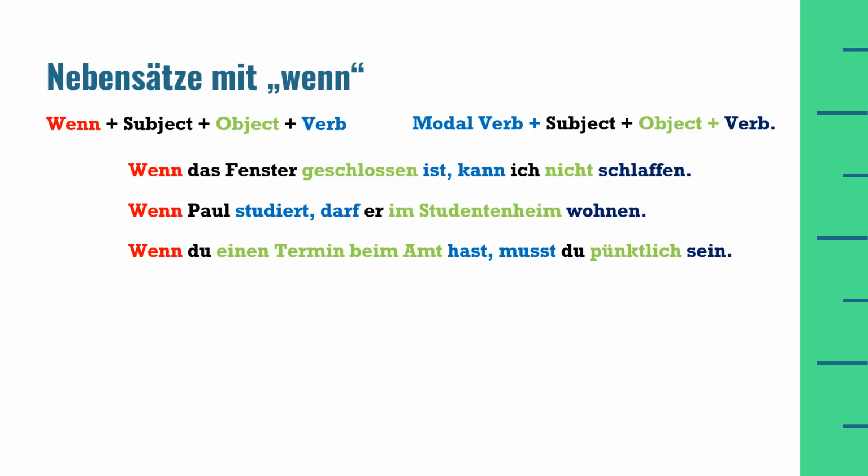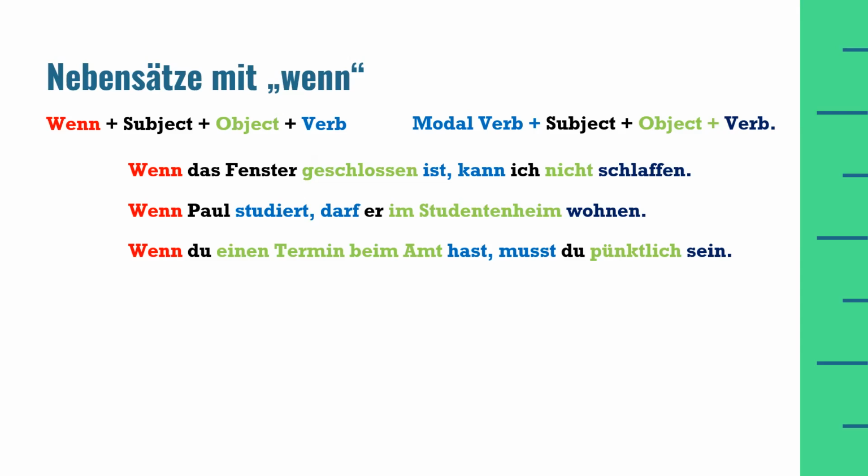At second position, we have used the subject, which is du. Einen Termin. Termin is a masculine noun. So for a masculine noun, here the object, we have to use the indefinite article from the accusative case for a masculine noun, which is einen. Beim Amt, with an administrative office, with city office, etc.